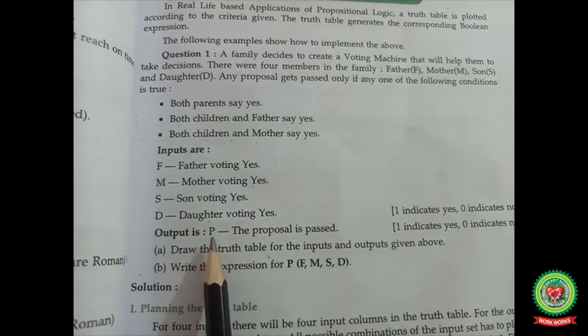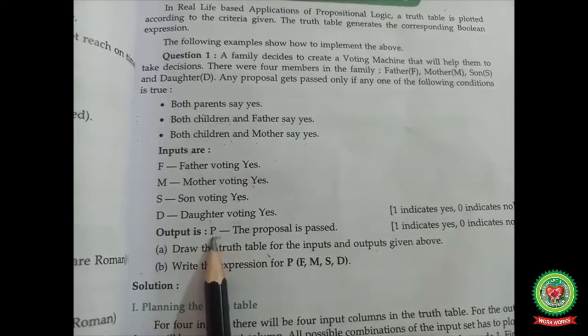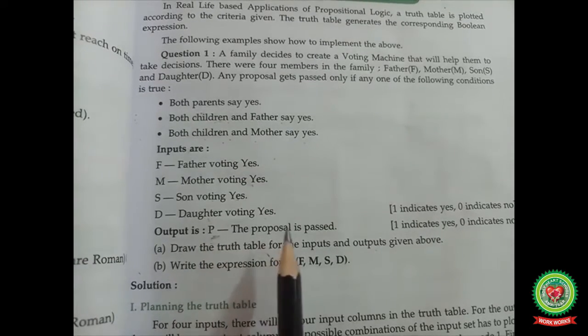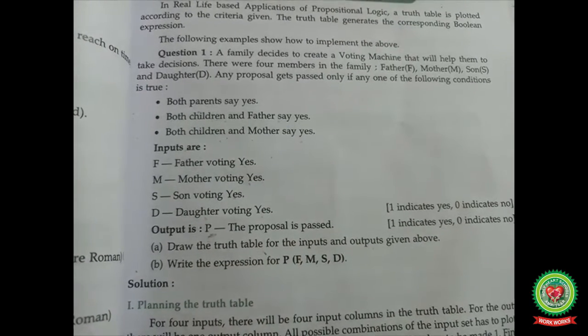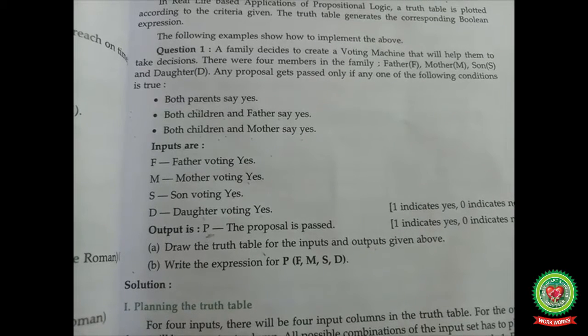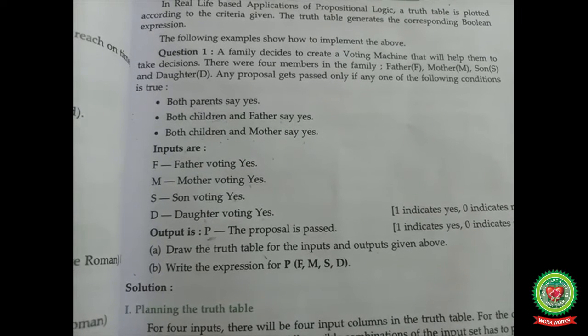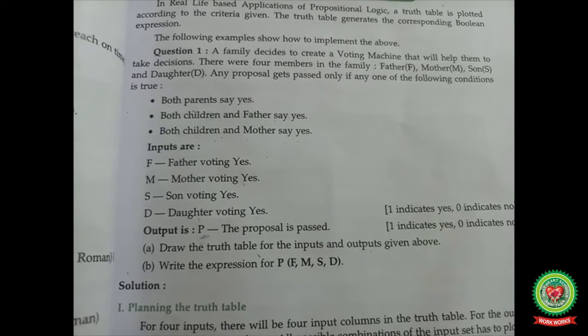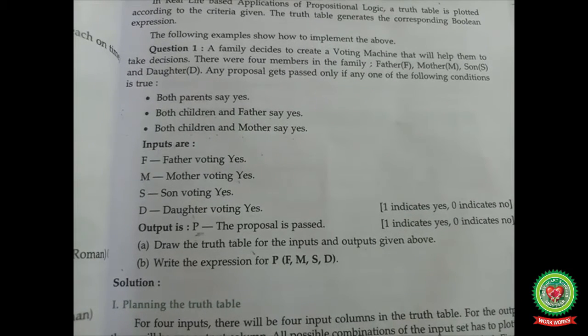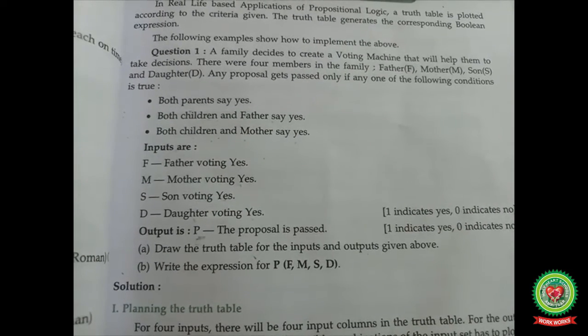Output is stored in variable P, the proposal is passed. In this, 1 indicates yes, 0 indicates no.